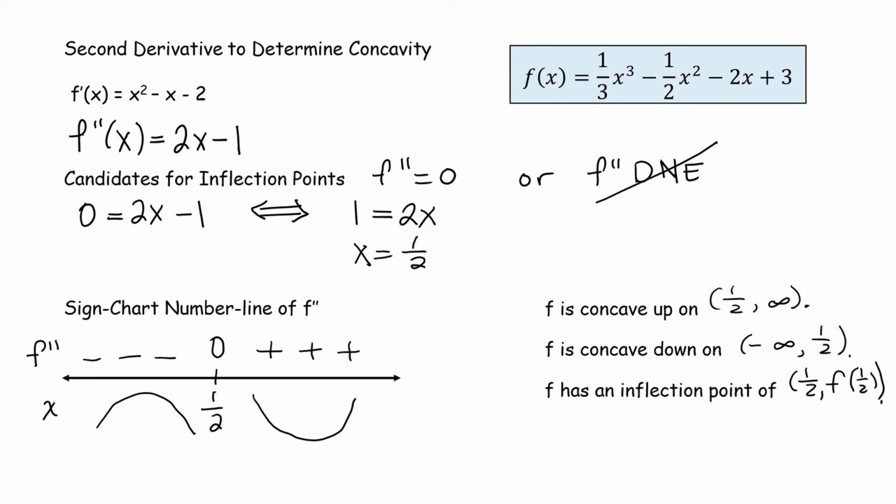Let's go ahead and note that if we wanted the value of f of 1/2, which we will need to plot points, compute f of 1/2 in the original function, and that output will give you 23/12.